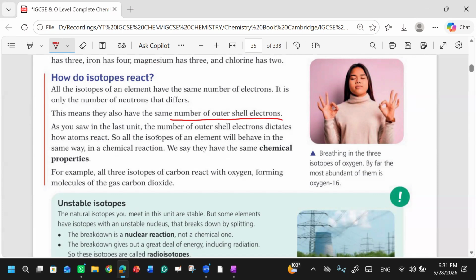As you saw in the last unit, the number of outer shell electrons dictates how an atom reacts. I told you that the number of electrons in the valence shell tells us about the bonding pattern, right? How an atom will behave.